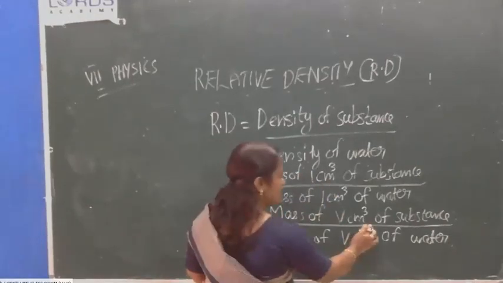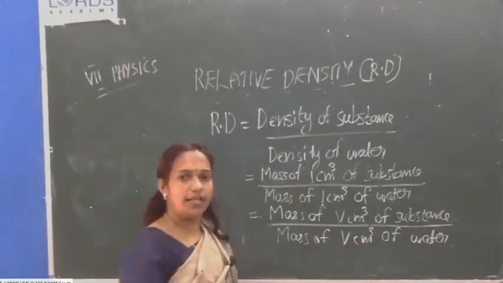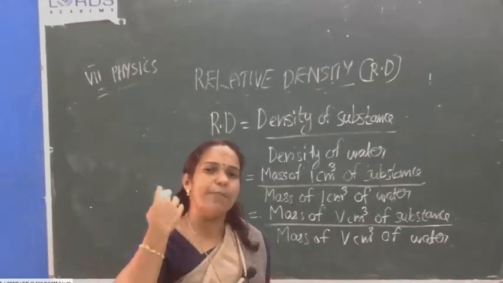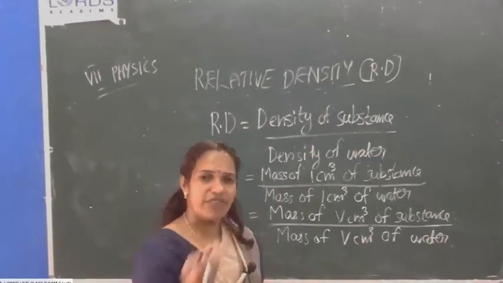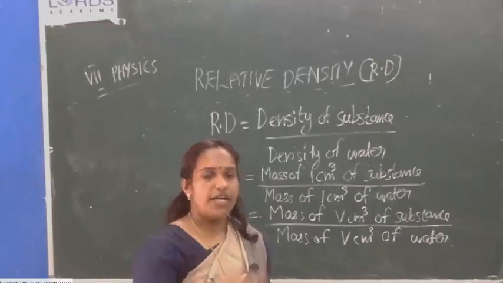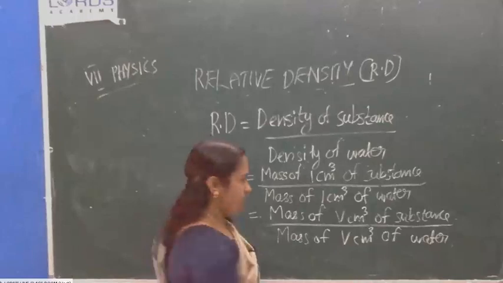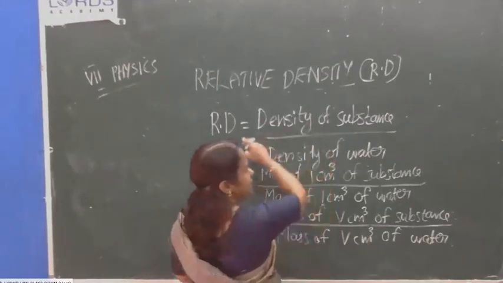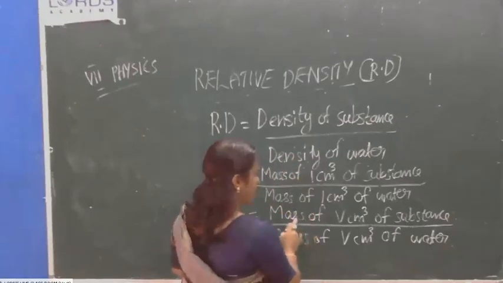Mass of V centimeter cube of substance by mass of V centimeter cube of water. Again I am telling this V may be different. If I have to take 75 ml, so 75 centimeter cube it will be, isn't it? But water also I have to take in the same amount. If I have to calculate the relative density of milk, that means substance means milk, what I have to do?